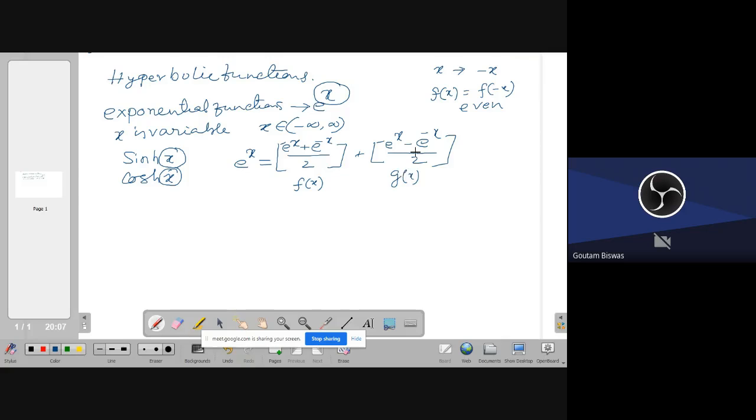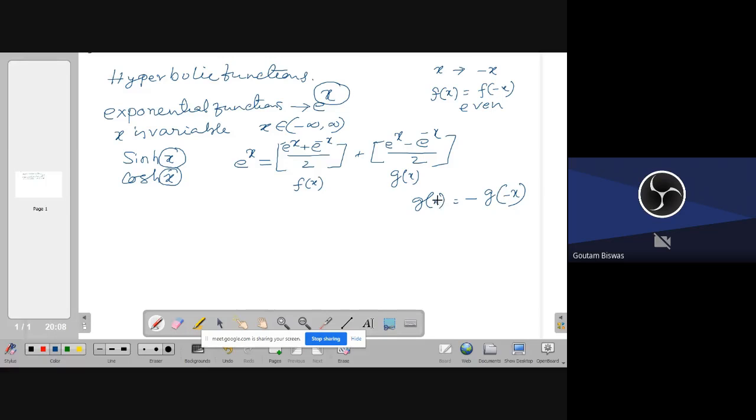But here, if you change it, this does not become the same. You have to take one minus sign out. So here this function g(x) is equal to minus g(minus x), right?